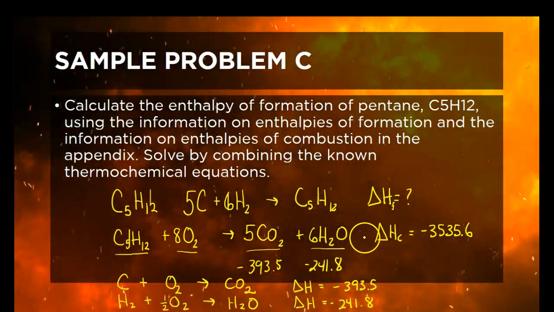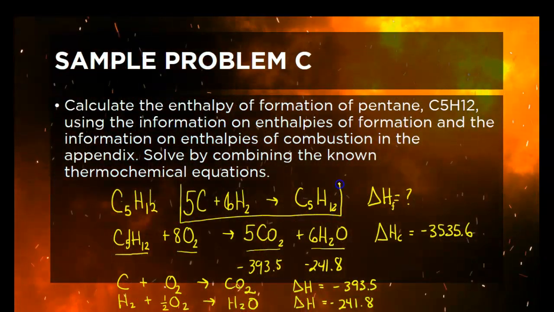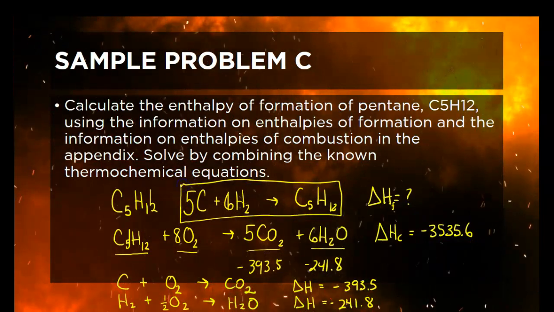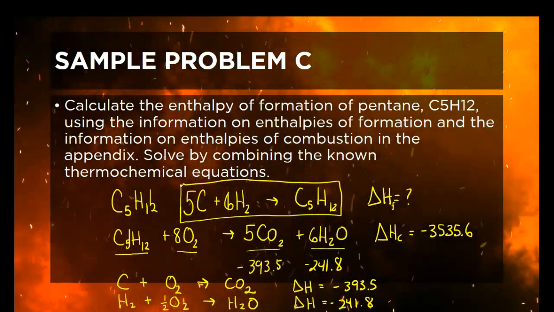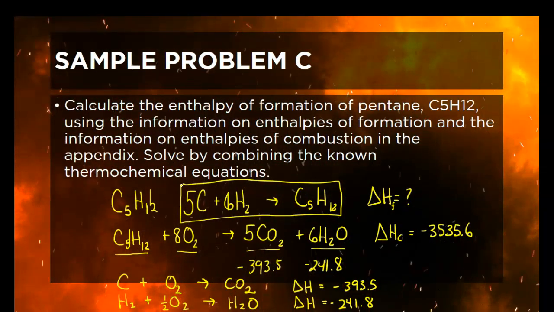So what I want is this equation up here. So I have to use what I have to sort of form that. And remember, we're trying to match the elements and compounds on the left with the elements and compounds on the right of what we have in our equations down here.